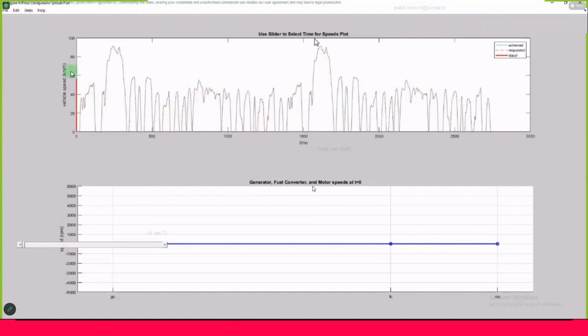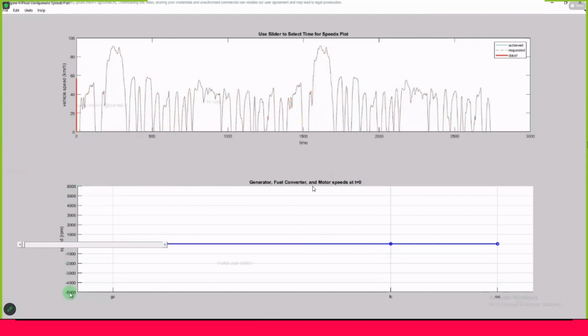Two driving cycles are considered here, and the second plot shows generator, engine and motor speed. At time t equals 0, this red vertical line indicates what data are shown, and this is speed in RPM.